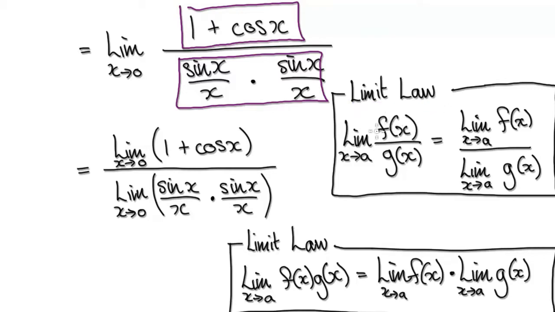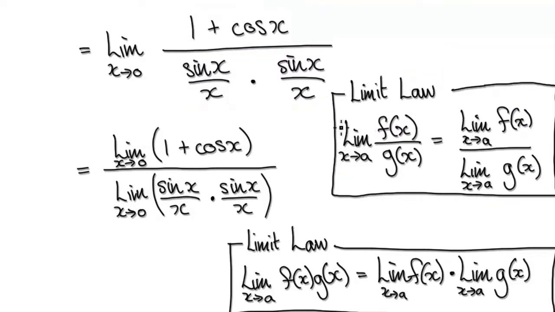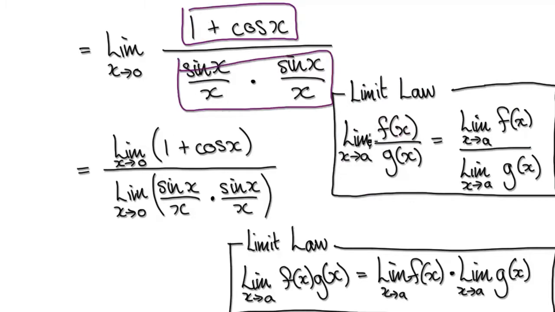When you have one function divided by another function, if you're trying to take the limit of one function divided by another function, that's the same as taking the limit of the top function and then taking the limit of the bottom function, and then just get the two limits and divide one by the other.